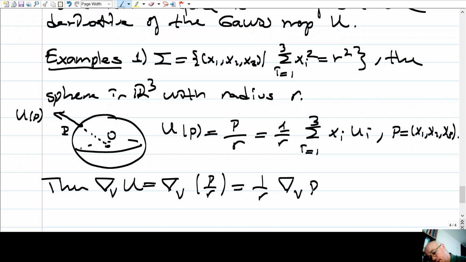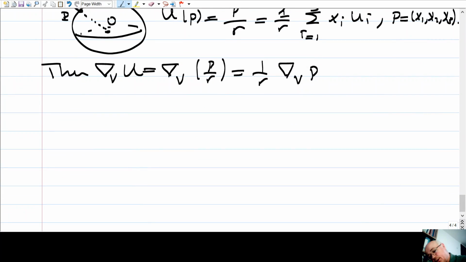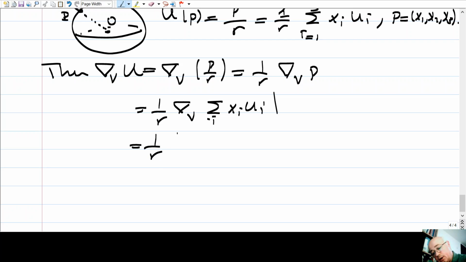P has coordinates 1 over r times the sum of x_i u_i. And what is the derivative of this? 1 over r, and then the sum of D_v x_i u_i.